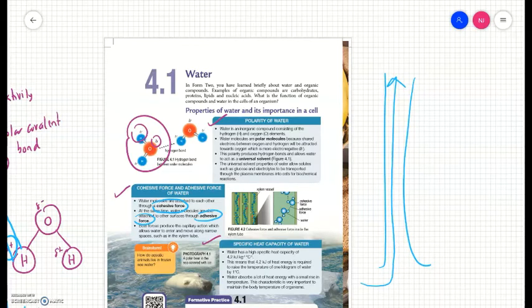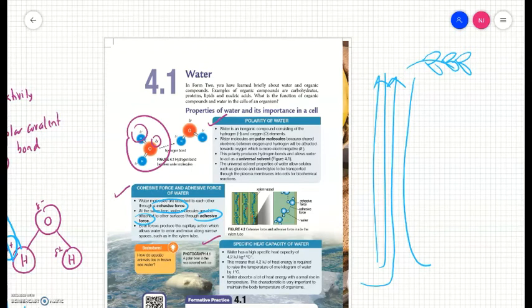Because we know most of the leaves are on the top of the tree. So how can the water move from the bottom to the upper part?